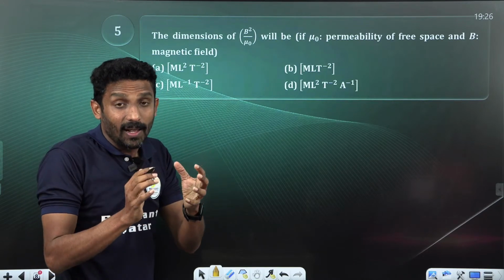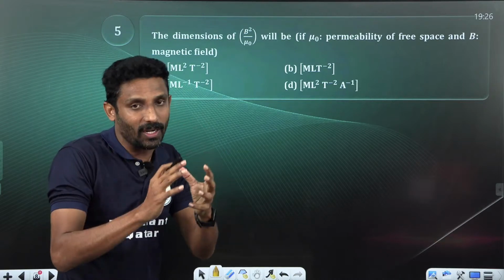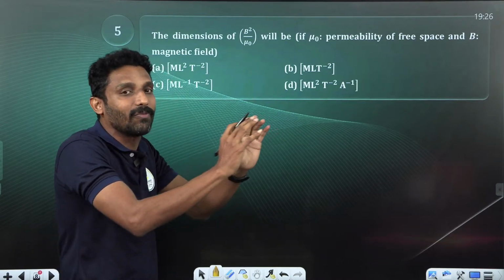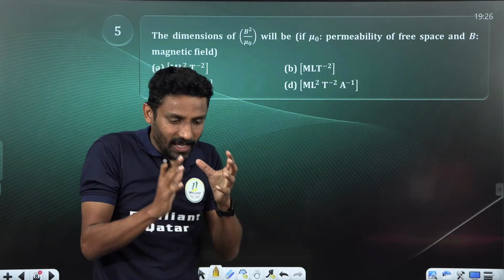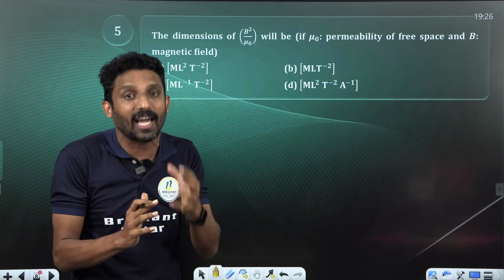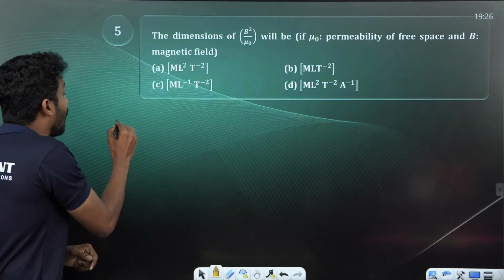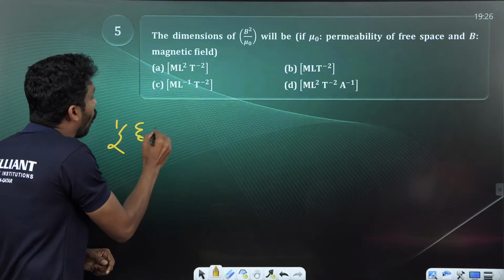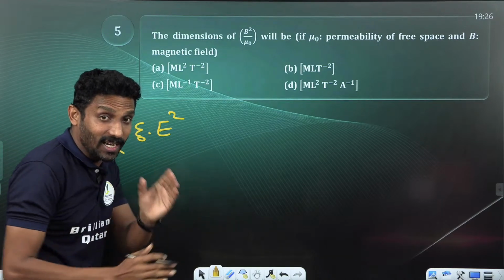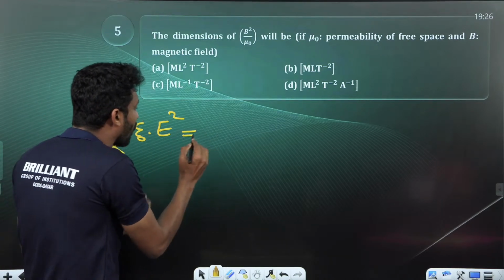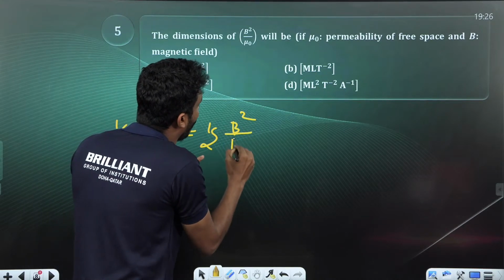We studied the energy per unit volume contained in the magnetic field in the case of an electromagnetic wave. While an electromagnetic wave is moving, its energy is contained in the electric field and the magnetic field. The energy contained in the electric field is half epsilon naught E square, which is energy per unit volume, and the same quantity is equal to half b square divided by mu naught.